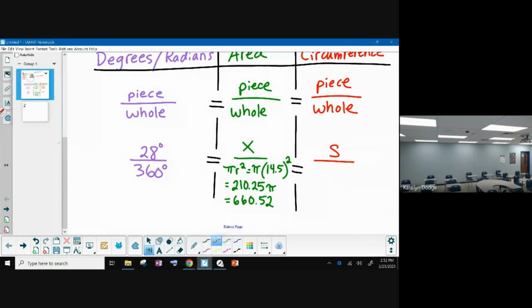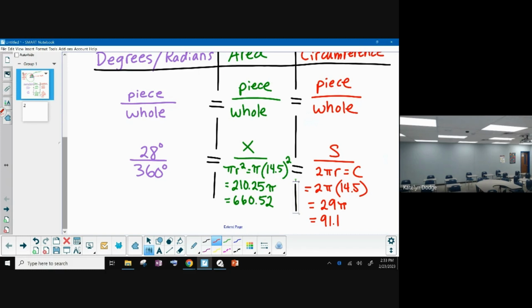My whole circumference is going to be equal to 2 pi r. So I want to plug in 2 times pi times 14.5 to get my radius. And when I calculate that, I'm going to get 29 times pi, which is equal to 91.1.